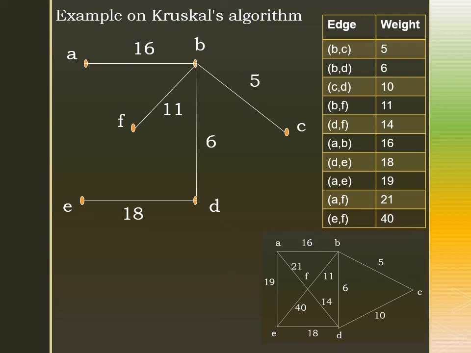There are 6 nodes in this diagram, A, B, C, D, E, F, and to get a minimal spanning tree, the number of edges required is 1 less than the number of nodes. So for 6 nodes we need 5 edges, and 5 edges are already included in the diagram.